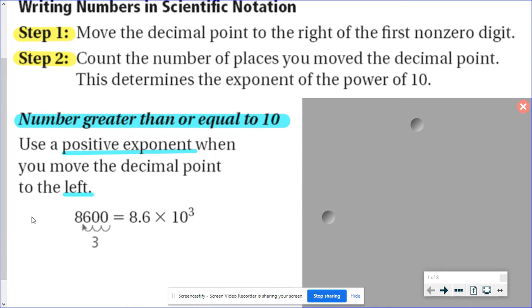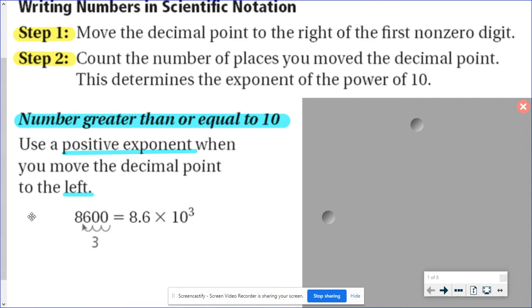So in this example, I have a number that's greater than or equal to 10, so I'm starting with 8,600. I want to first realize that it's a big number, which means I'm going to get a positive exponent.